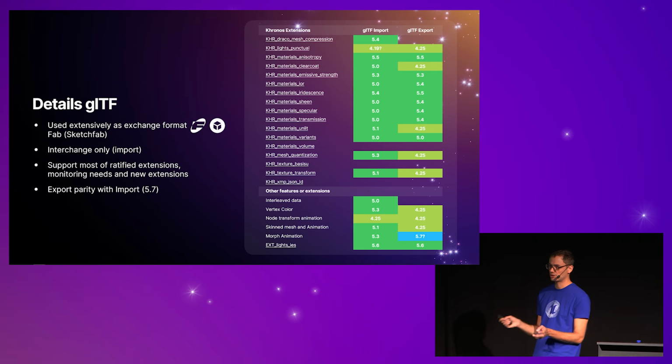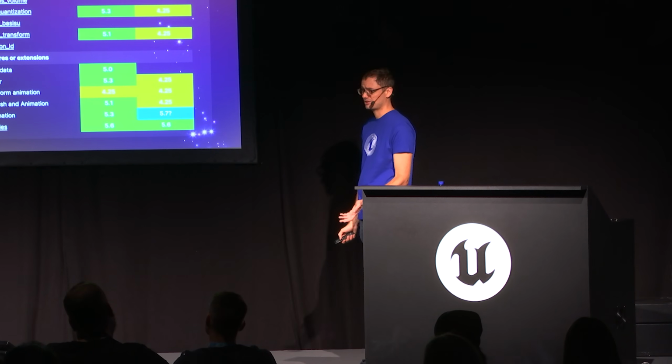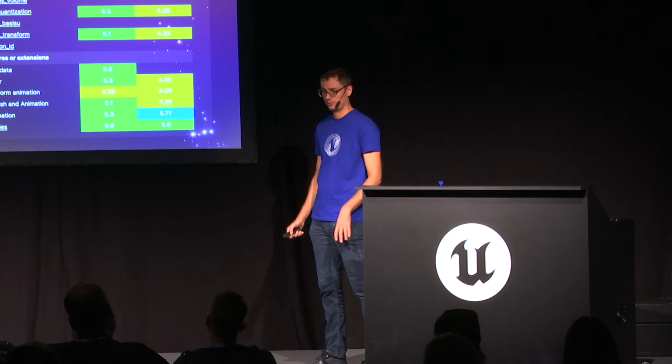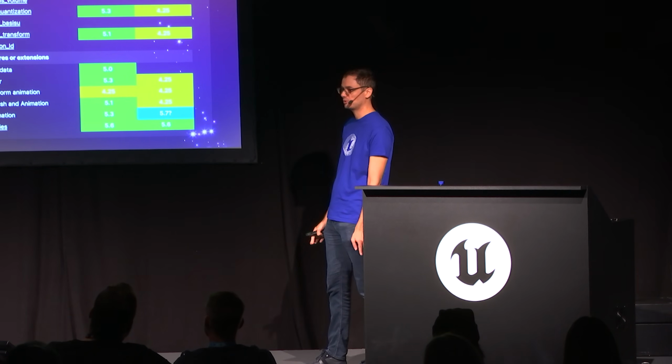So if you've not touched glTF import since a few versions of the engine, we did have a lot of improvement in what we support when we're importing glTF. And the current status is we are quite happy where we are with glTF support of features in the engine. So right now we are just monitoring what new extensions are coming in, which ones are getting ratified, what our external users and internal users are asking for, and based on that we will decide to add more extensions.